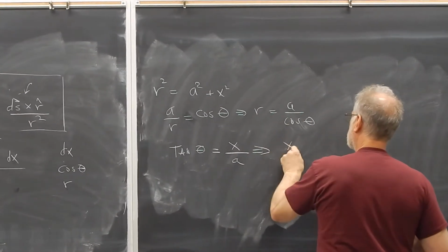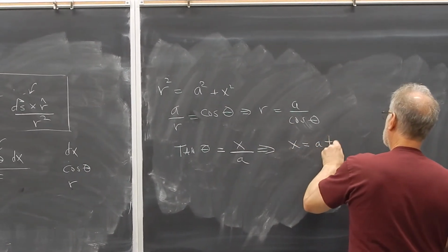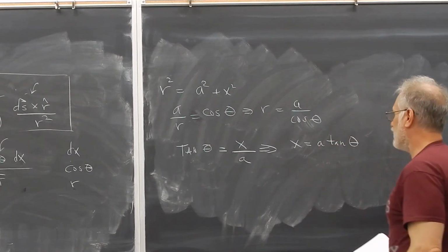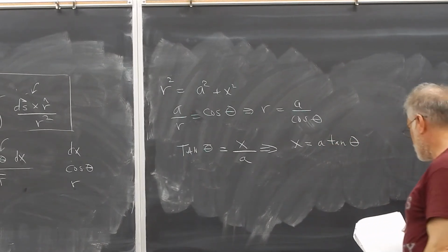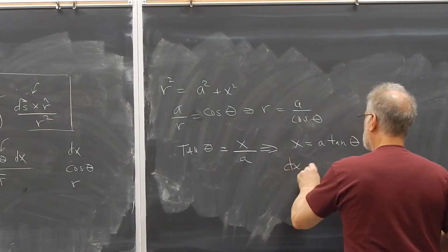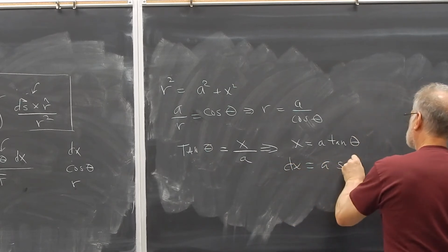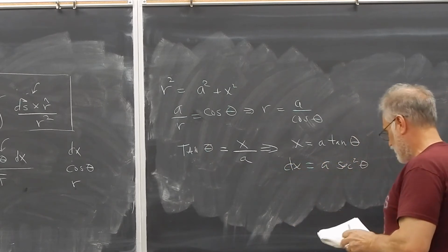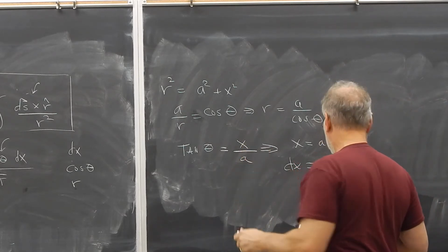So therefore, x is equal to a tan theta. dx then would be a secant squared theta d theta. So we have a rather big mess.